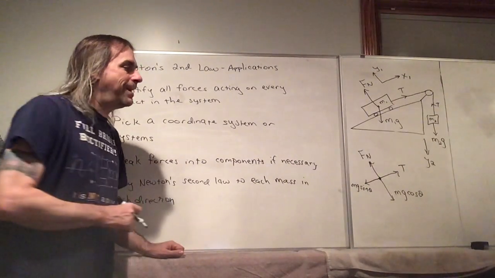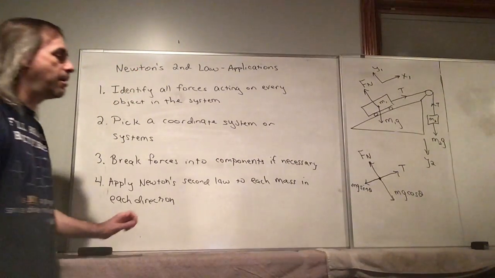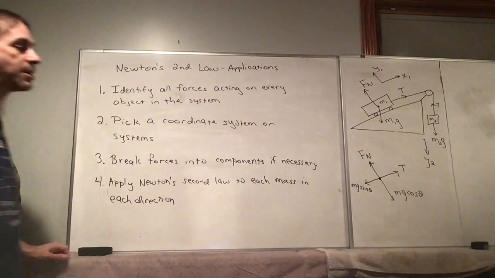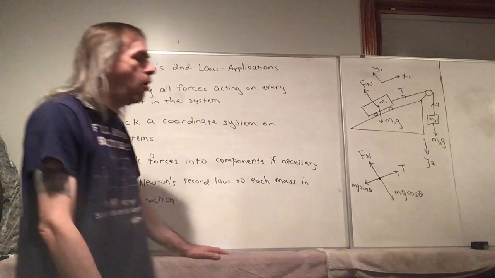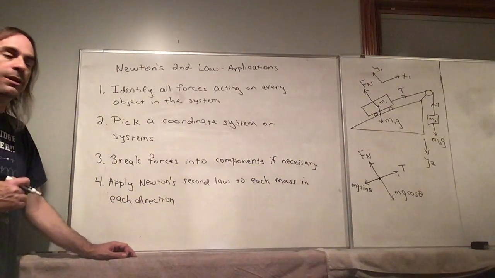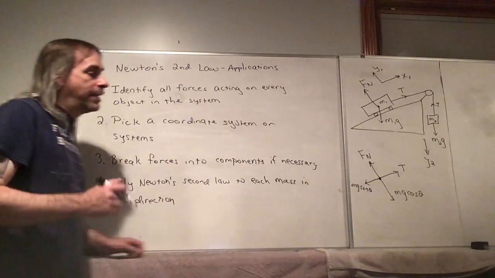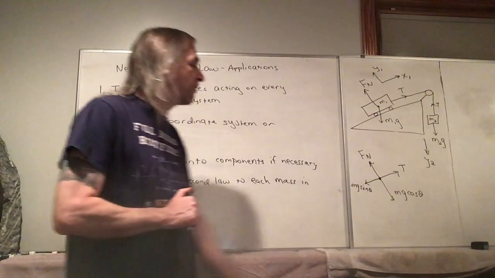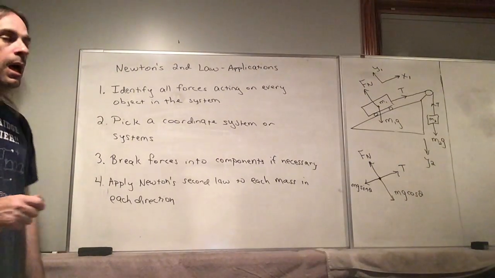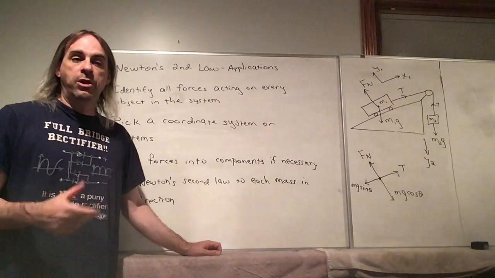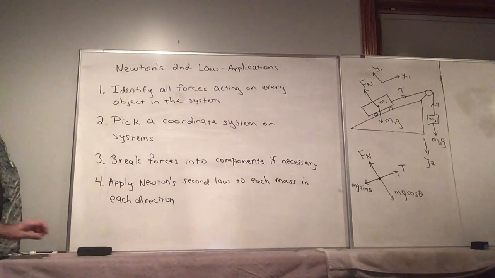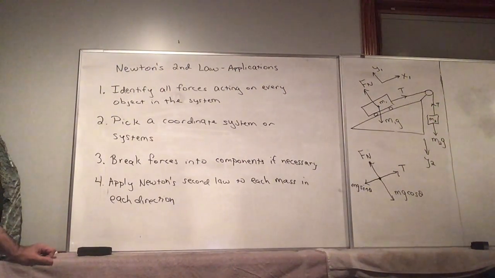So let's just look at the x direction. The key here is once you get to this step, we break forces into components if necessary. The end result is all of our forces are in the coordinate directions. So gravity is one force, but we're treating it as two separate forces. Which, again, in our vector lab, we saw that forces do actually behave this way. And so let's just look at mass 1.